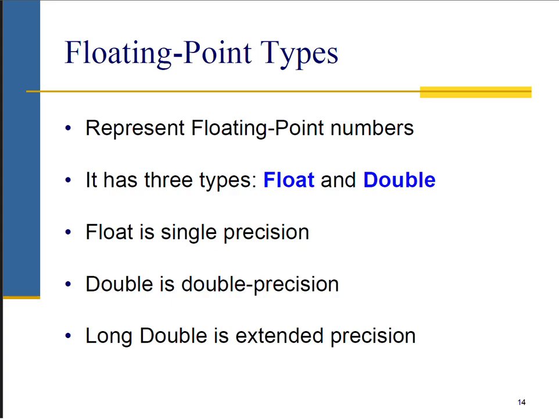That's the float for decimals with not more than 1 place, and also double with more than 1 decimal place, and also long double, that's extended. So float is single precision, double is double precision, and long double is extended precision.